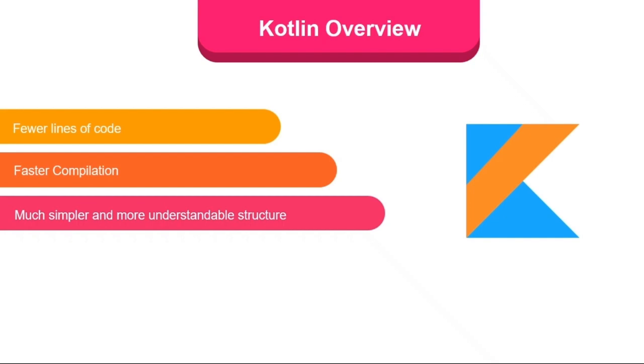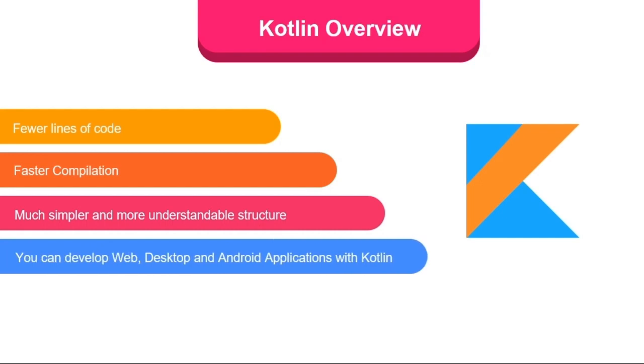So then wait, what can you do with the Kotlin programming language? Well, in fact, you can develop web applications, desktop applications, and Android applications by using Kotlin. Of course, Kotlin is often used to develop Android applications. So in fact, there's a lot you can do. In this course, we're going to learn how to develop Android applications using Kotlin.